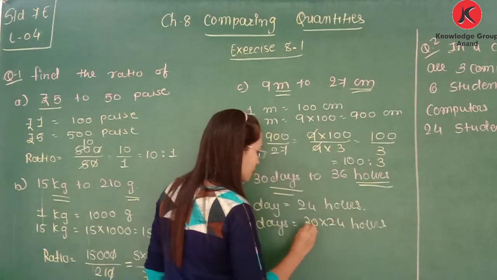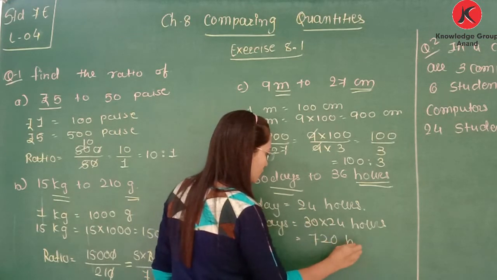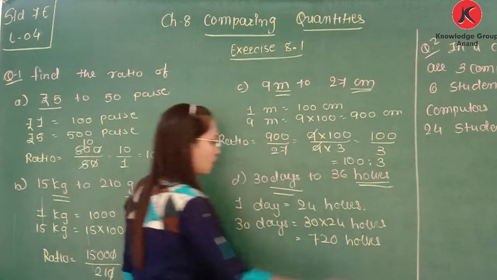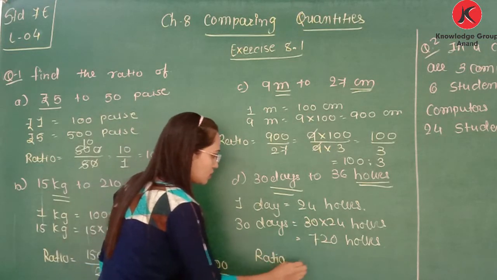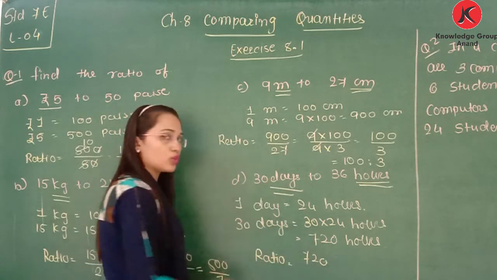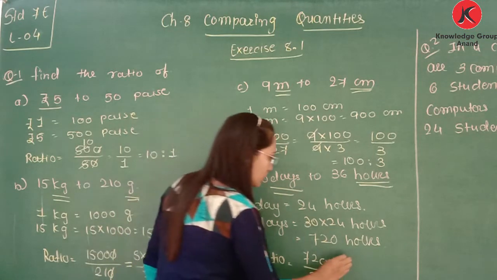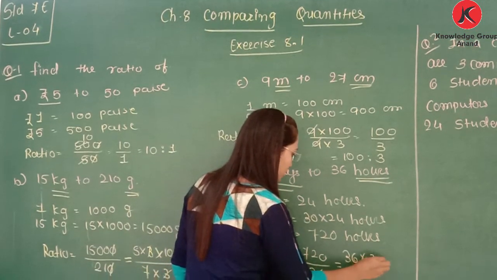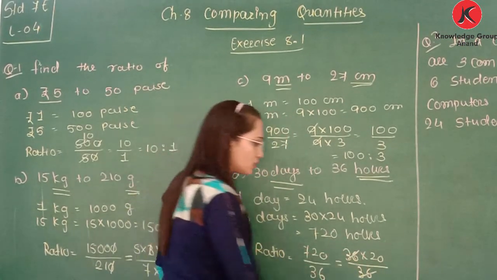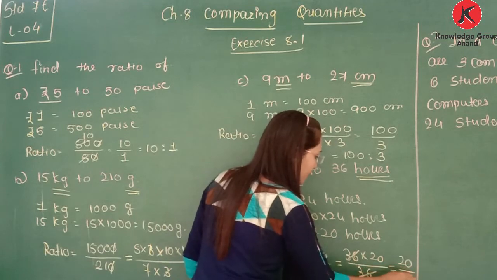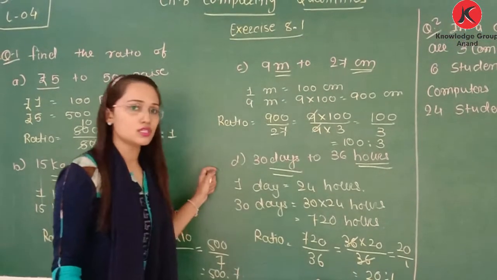So we multiply 30 with 24, which is 720 hours. So the ratio will be 720 divided by 36. Now here 36 multiplied by 20 divided by 36, so we can cut the common factor 36. 20 divided by 1. So 20 is to 1 is the ratio of this one.